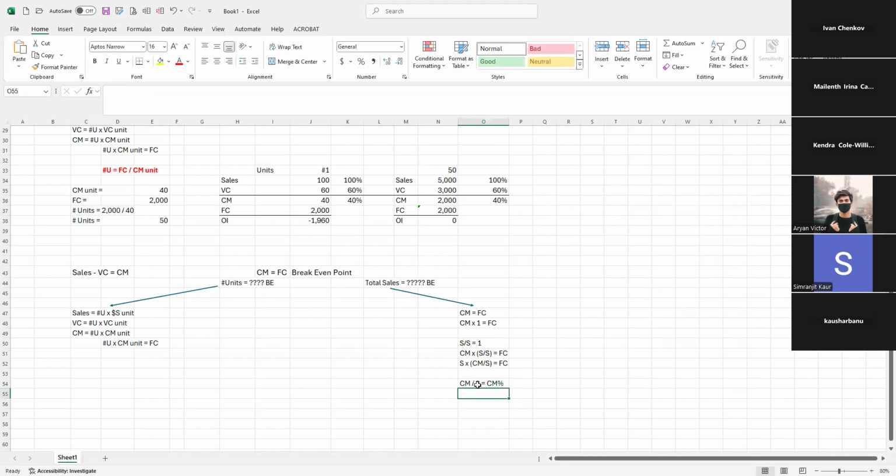And if I substitute in the previous formula, what am I going to have? I'm going to have sales times contribution margin ratio should be equal to the fixed cost. Well, that makes perfect sense, because what you need is this number that you're generating here, sales times the contribution margin, to be equal to the fixed cost.